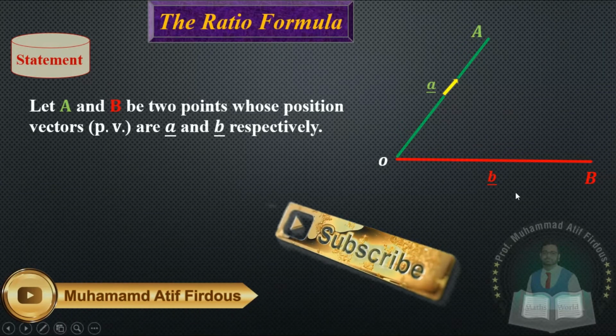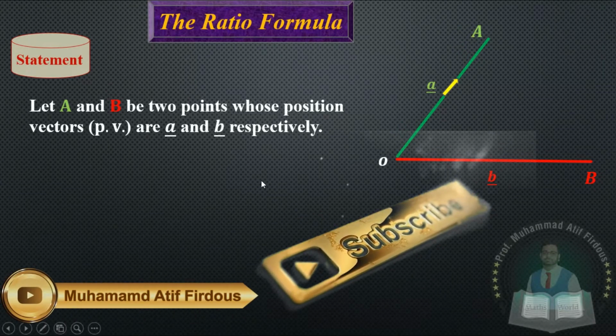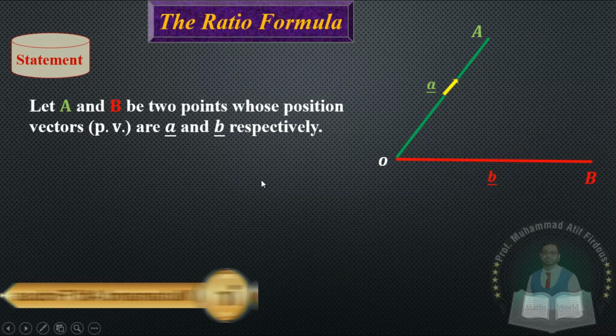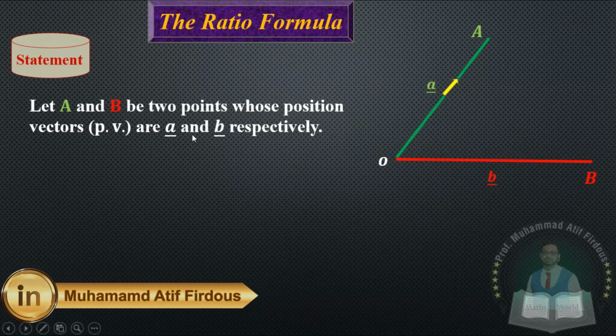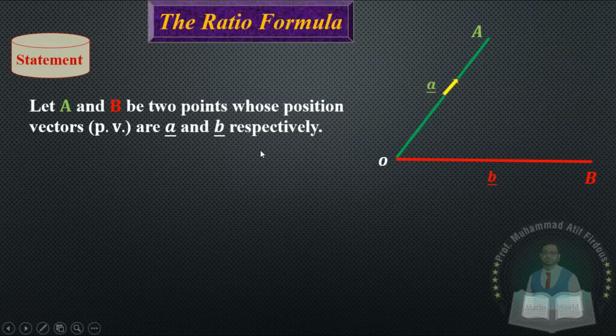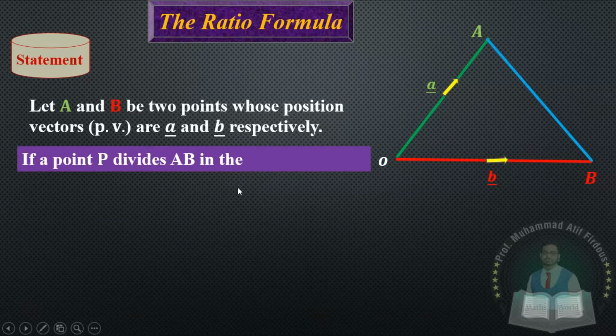Any problem? I am going to present this statement in some different parts. So the first part is to take A and B, two points, and the second part is if a point P divides this line segment AB in the ratio p:q.